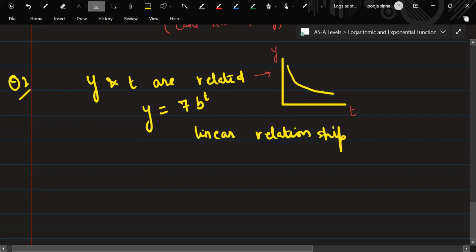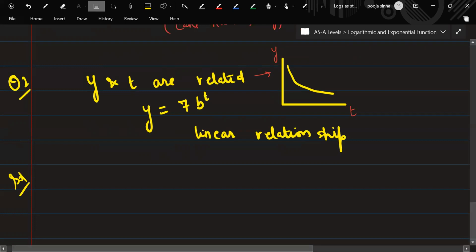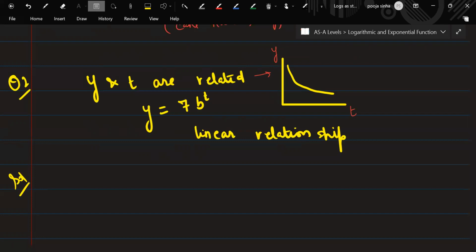Okay. So can you do it? You can take either log to the base 10 or you can take log to the base e. Both ways, you will get the same answer.